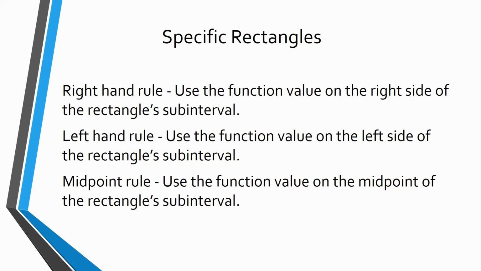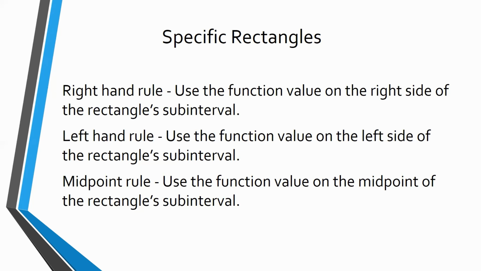I could have also utilized what's called the left-hand rule. The left-hand rule is where I use the function value on the left side of the rectangle's subinterval. There's another rule called the midpoint rule. You could imagine what this is.